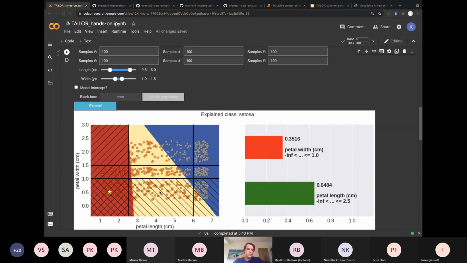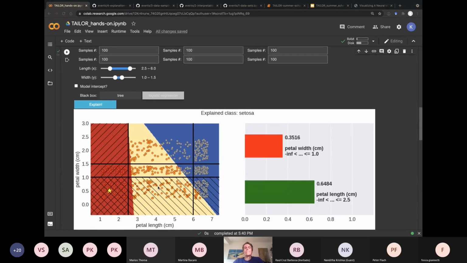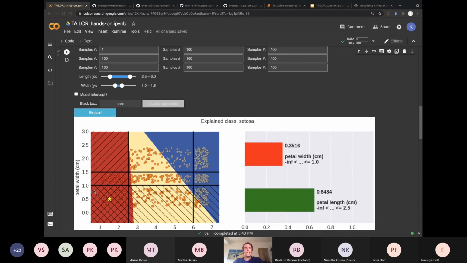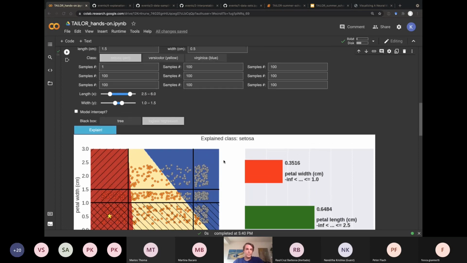So if you move around your partition such that it covers a black box decision boundary on an angle, you will get a different average prediction in that region, which will affect the explanation.